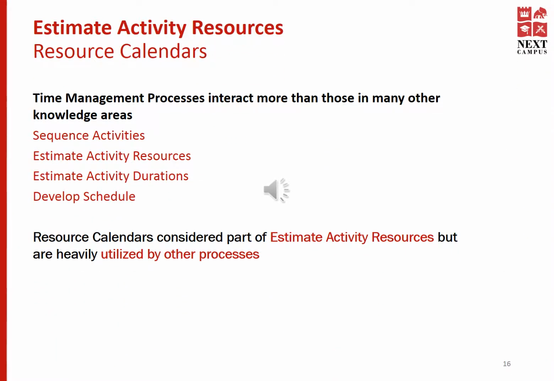Time management processes interact more than those in many other project management knowledge areas. Think about sequencing activities, estimating activity resources, estimating activity durations, and then developing the project schedule as a whole. Not to mention estimating cost for all of this, which you find in a separate knowledge area.